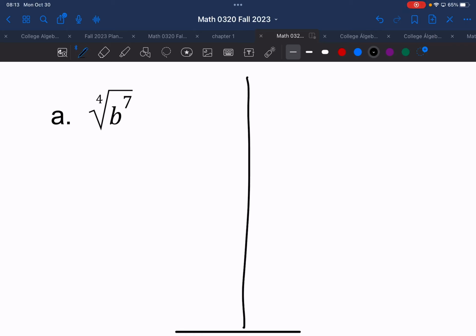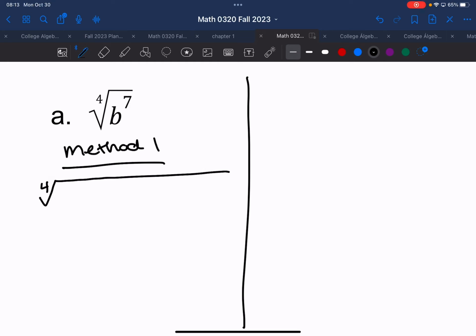The first method, so I'm going to label this as method 1. We could rewrite this radical like this. So the 4th root of b to the 7th is the same as writing b how many times? 7 times. 1, 2, 3, 4, 5, 6, 7.